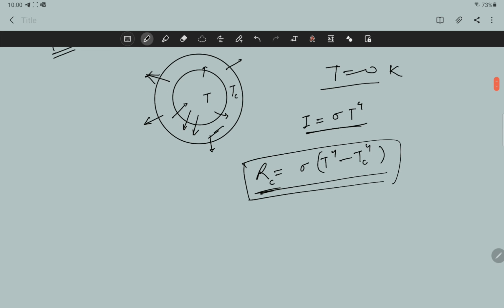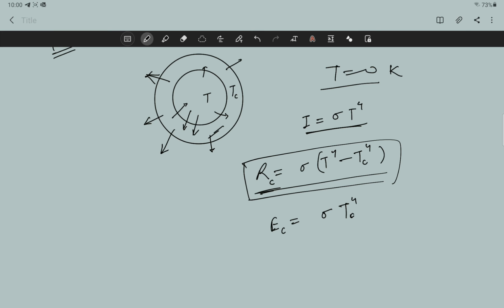Now the cloud will radiate in this direction, so this is received, this is emission. The emitted energy by the cloud, Ec, will be equal to sigma Tc to the power 4. Now the system is in equilibrium.